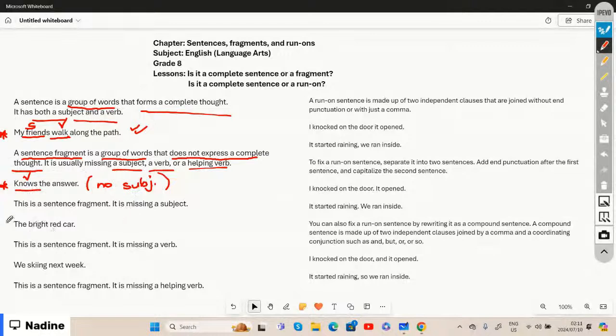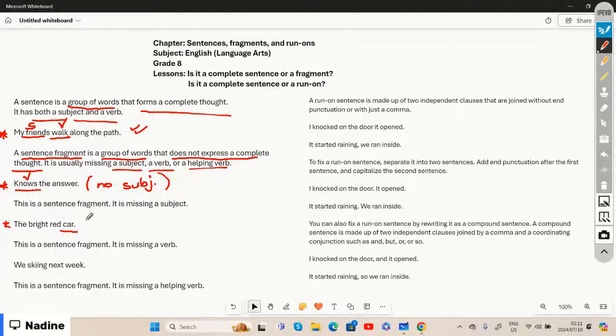Then we have the bright red car. If we look at that specific phrase, the bright red car, we can say that car is our subject. Bright red basically just describes the car.